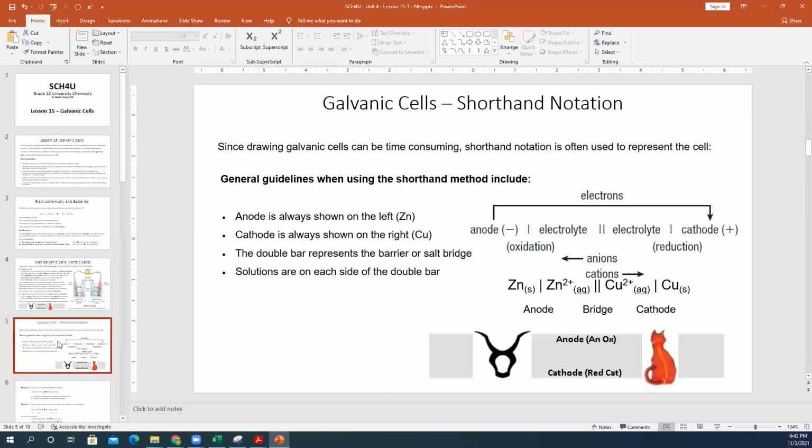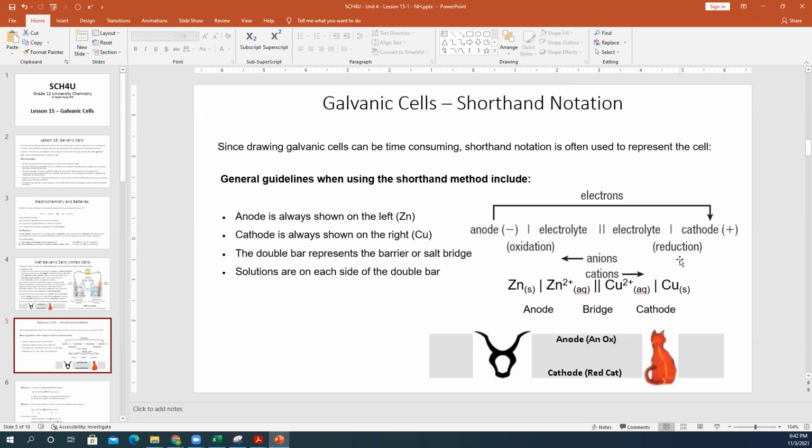So there is a shorthand way that was come up with for illustrating the details of a galvanic cell. And this is exactly what he was showing in the video. This is exactly how it's written up.